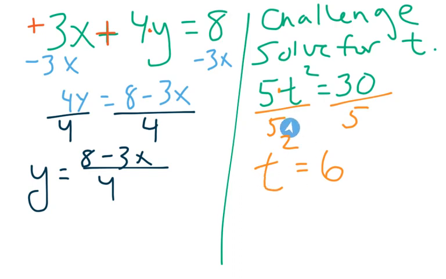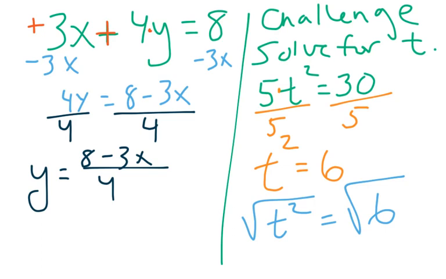So if the answer to what is being done is I'm squaring, then you would ask yourself, well, how do I undo squaring? I undo squaring with a square root. And so I am going to take the square root of t squared. If I take the square root of the left, I have to take the square root of the right.